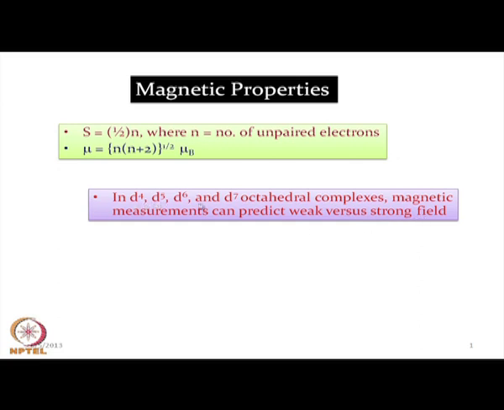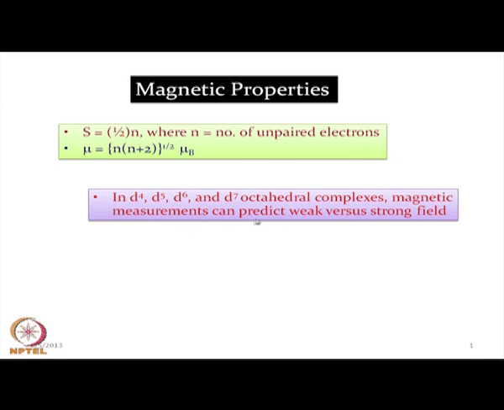And for d4, d5, d6 and d7, so far we have been able to calculate the corresponding crystal field stabilization energies, because depending upon the number of electrons in the t2g and eg levels, the CFSE values are different. That we have seen also when we applied the CFSE values for ionic radii, for hydration energy, for spinel structure and so many cases.